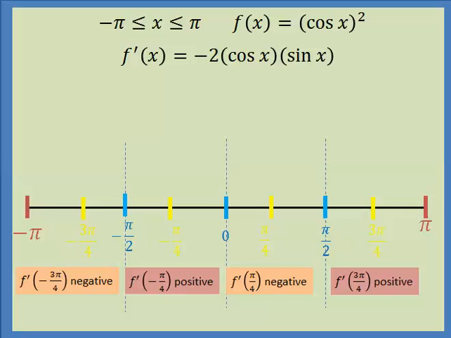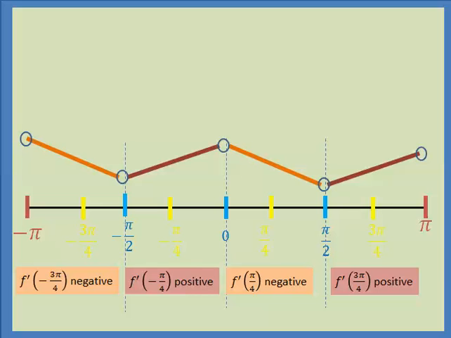Since f prime is negative at that point, it's negative for the entire interval, because if it were to switch from negative to positive or positive to negative, then we would have found another critical point. And so all we need is a test point for each interval, and I always choose the easiest possible test point. The test point has to be on the interior of the interval, just to make that clear.